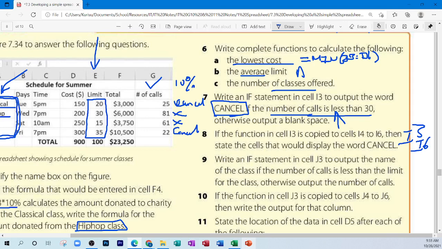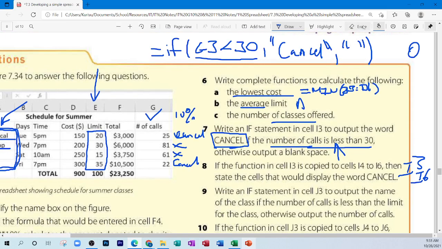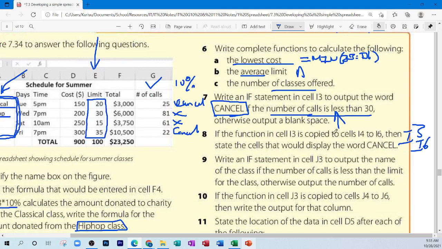Sir, that would be equal if open brackets G3 less than E3, open quotation marks name of class and close quotation marks, and open quotation marks number of calls, close brackets. Okay, that is half correct.